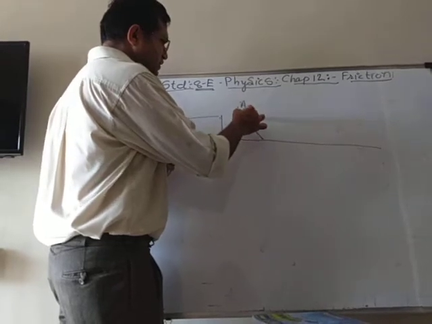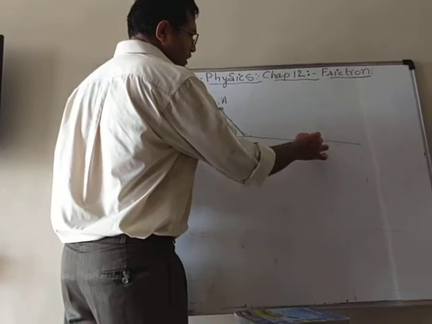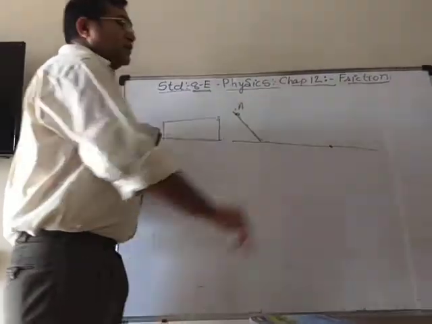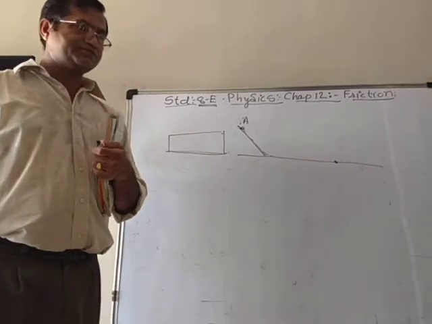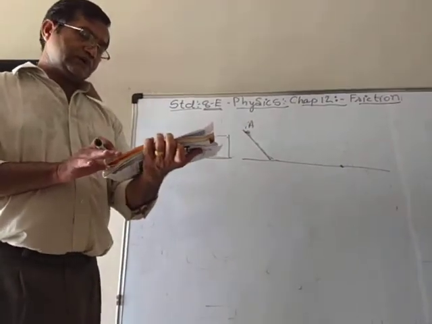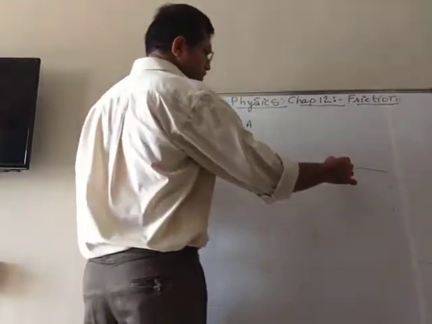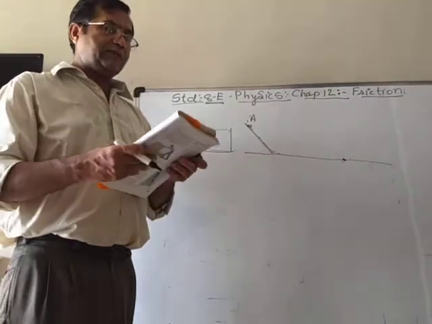Then you will see that it will roll down and then roll on the floor, and after some distance it will stop. Now what do we have to do next? Just mark where it stopped. Notice it and make a note.